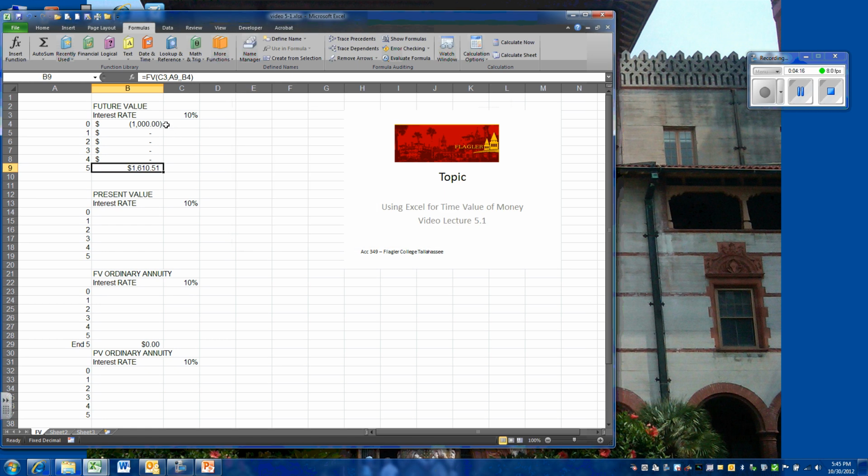And again, it's the end of the period because this is time 0. So in effect, it's the beginning of period number 1. So the future value of $1,000 we invest today at 10% interest is going to be $1,610.51.